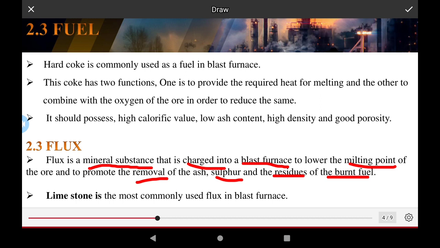Limestone is the most commonly used flux in a blast furnace.